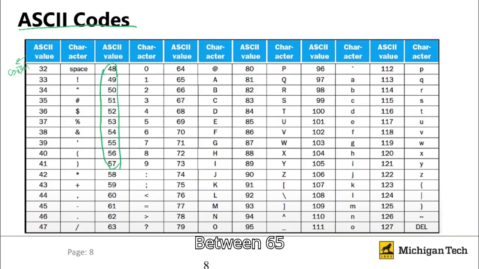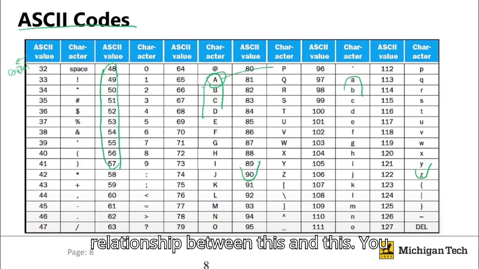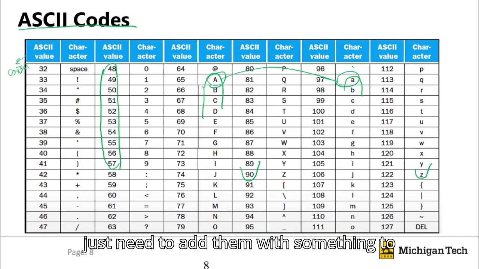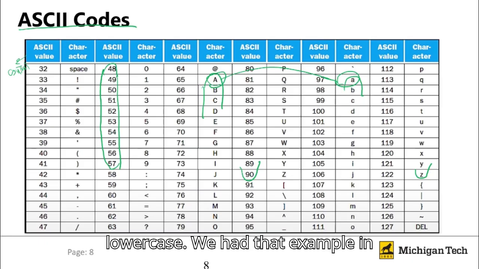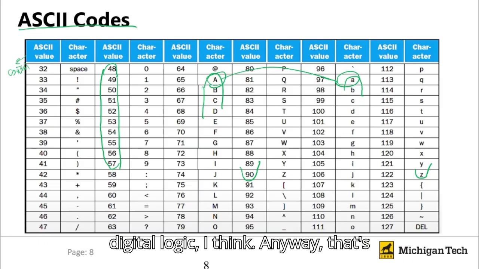Between 65 and 90 are capital letters, and between 97 and 122 are lowercase. As you can see, there is a relationship between these: you just need to add a fixed value to change the characters from capital letters to lowercase. We had that example in digital logic, I think.